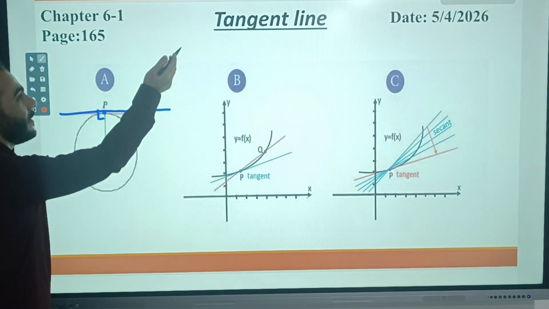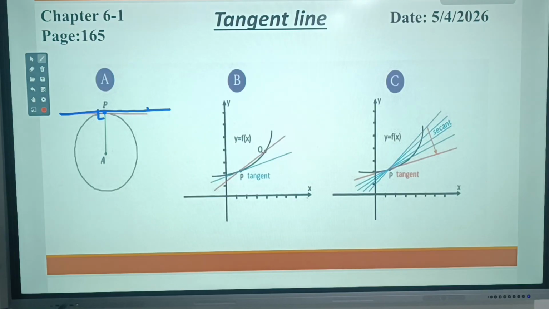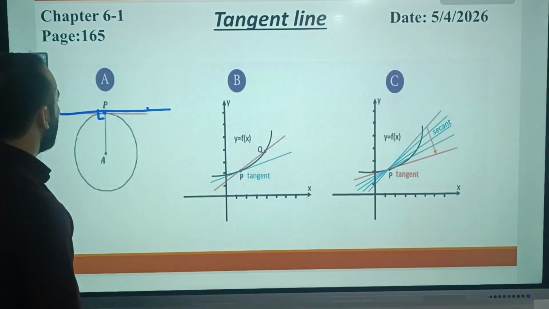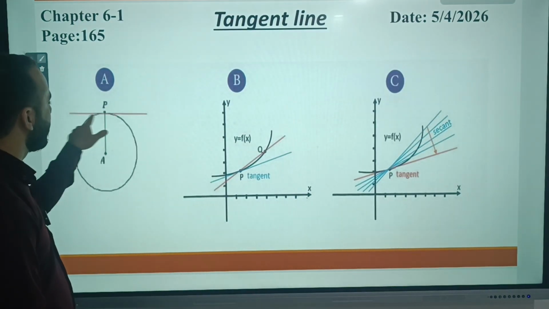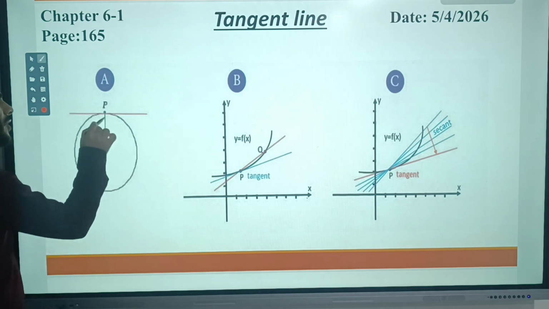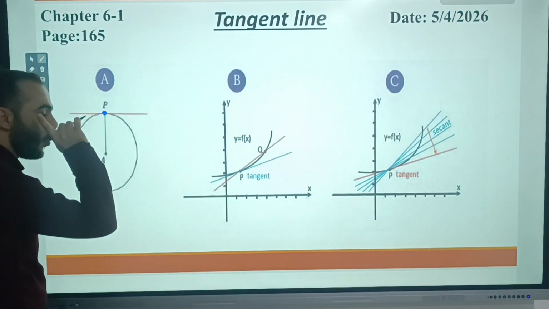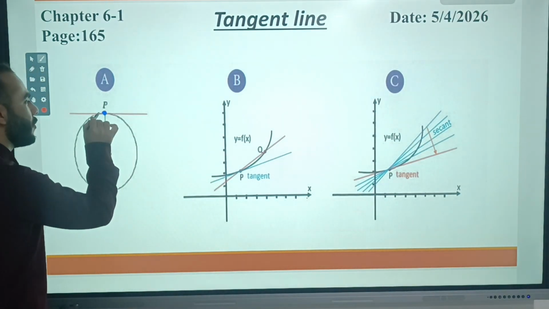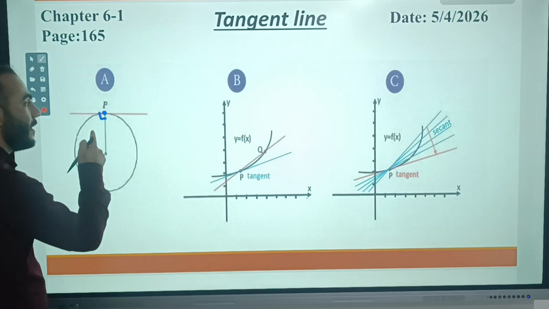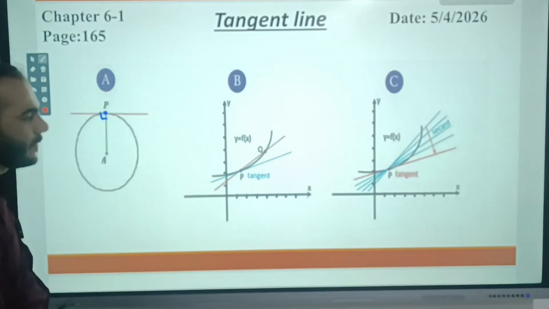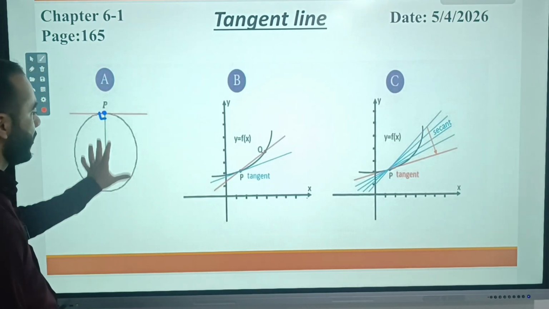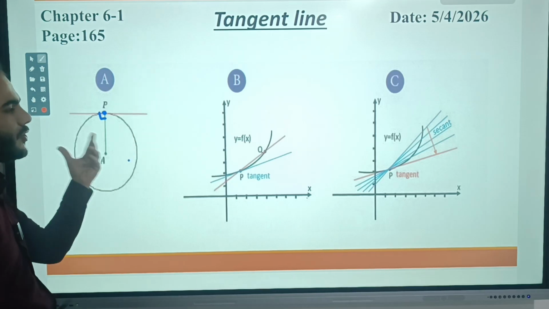Then we call this line tangent line. Again, I'm going to repeat it. A line, something like this red line, that cuts a circle at only one point, and perpendicular to the radius at that point, we call that line tangent line. Perfect. That is the definition of tangent line geometrically.